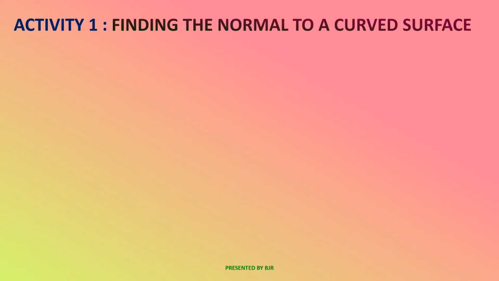For this, one activity is there. I am going to show you that activity. Activity 1: finding the normal to a curved surface. Because drawing the normal is more important.